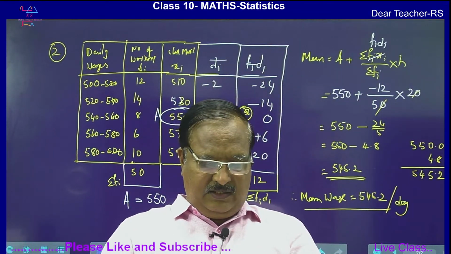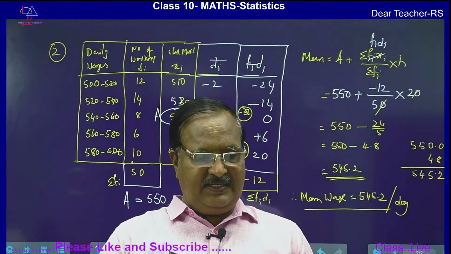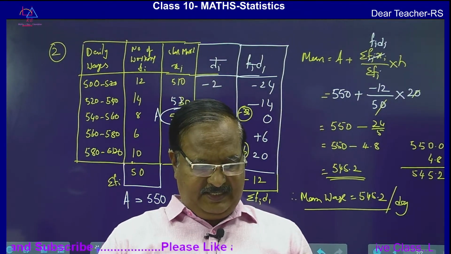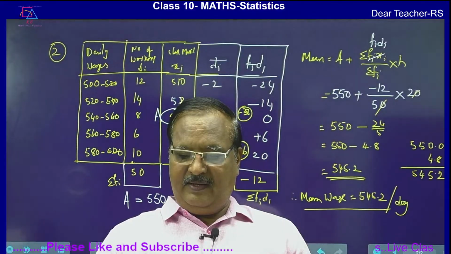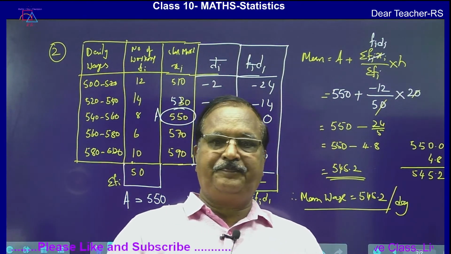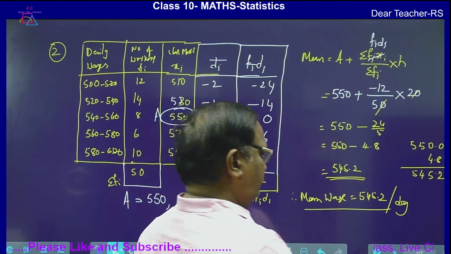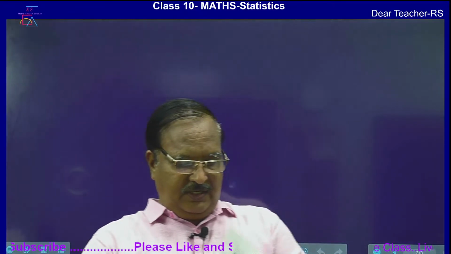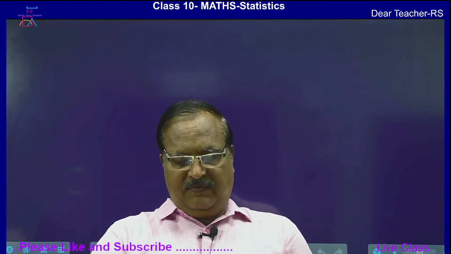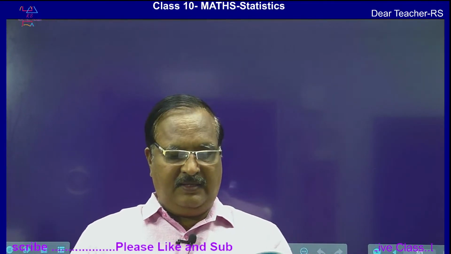Now let us go to one more important question in this, missing frequency. Okay, missing frequency, that is question number 3. The following distribution shows the daily pocket allowance of the children of a locality.